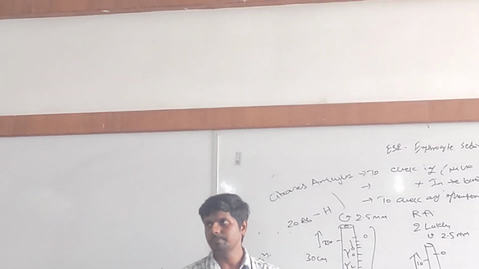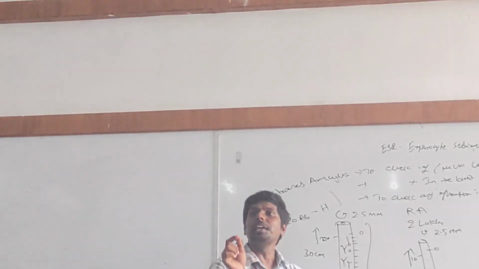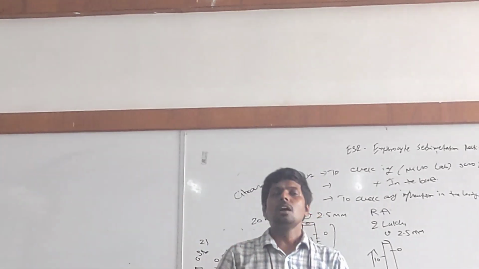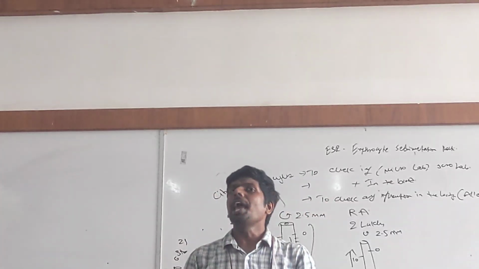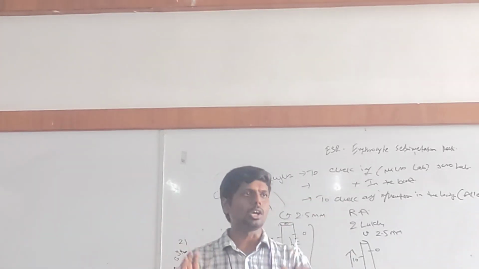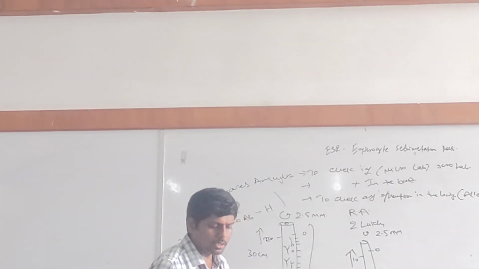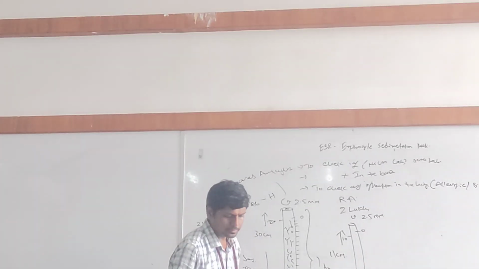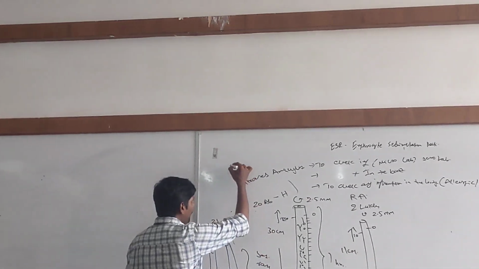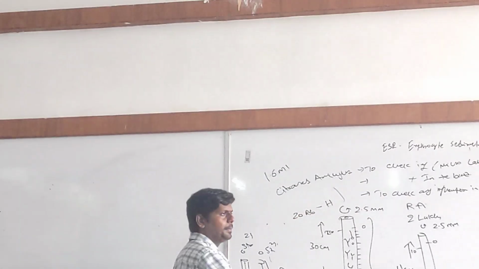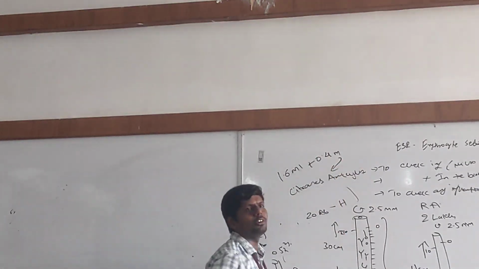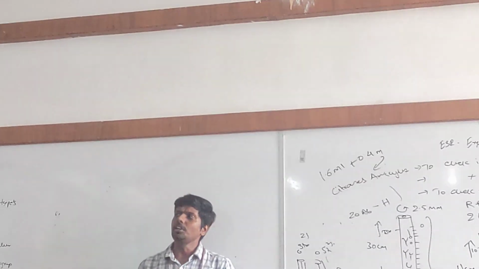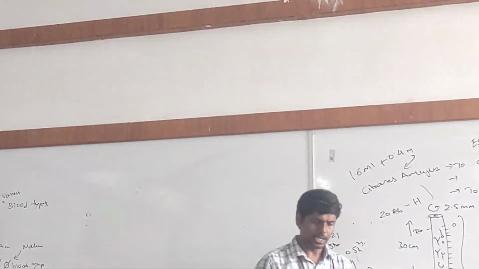Is this point clear? So there is a ratio between how much anticoagulant should be taken to how much blood. They have standardized the quantity also. To 1.6 ml of blood, we need to add 0.4 ml of citrated anticoagulant for Wintrobe's tube approach.